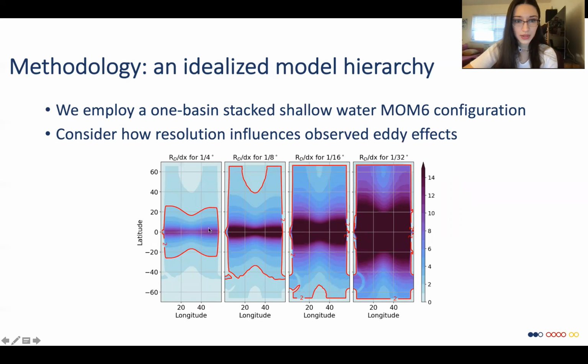And so here you can see that the 1/4 degree case is roughly consistent with the OM4 plot that I showed earlier in terms of how well it is resolving eddies. Only the equatorial region has sufficient resolution of the deformation radius. As we move to the higher resolution cases, we see that by the 1/32 of a degree case, we are now resolving the deformation radius throughout the entire domain.